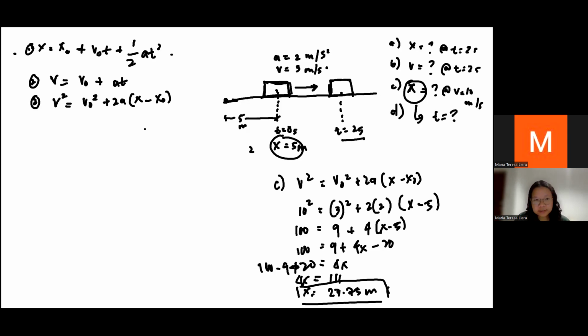how long did it take to get to this point x from the previous problem? So how long did it take to get to the 27.75 meter mark? So I'll just put here so we'll remember, 27.75 meters. We're asking for t.